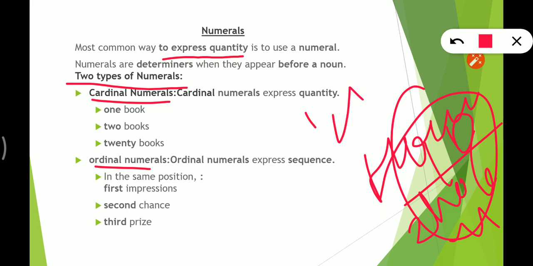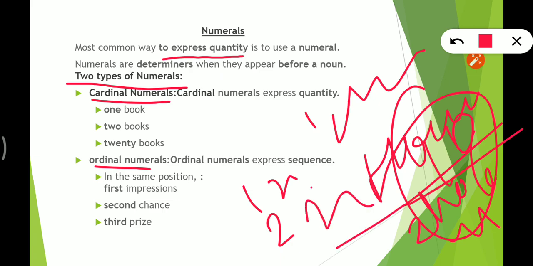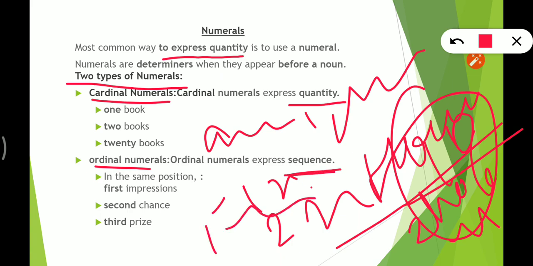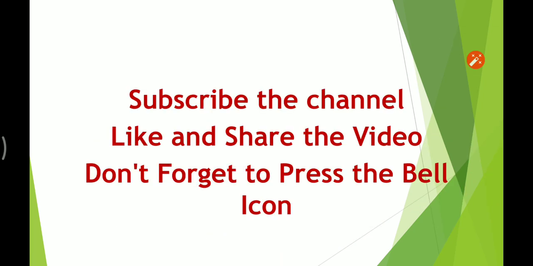Cardinals are 1, 2, 3, 4 and ordinals are first, second, third and so on, right? Now cardinals show quantity, and ordinals show sequence, first, second, third, in this way. Let's move to the next one.